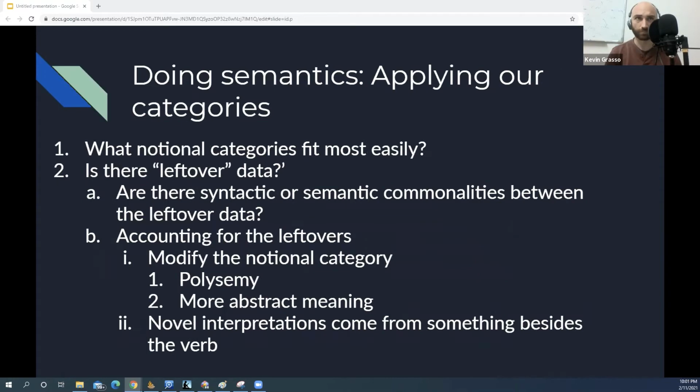And then, is there leftover data? When we think about leftover data, we're thinking about data that is difficult for our notional category to fit onto. Okay, so I'll give an example in English. Let's say the present tense.